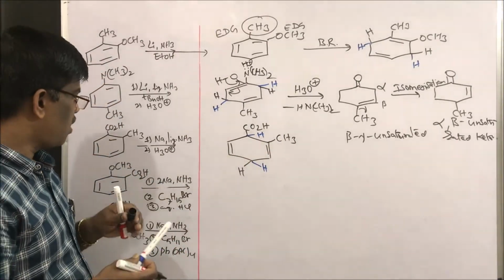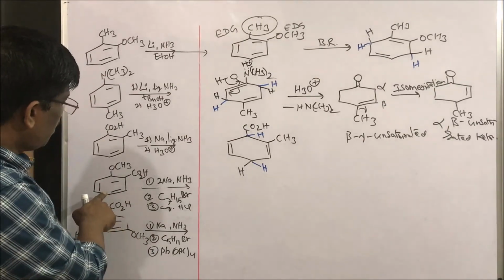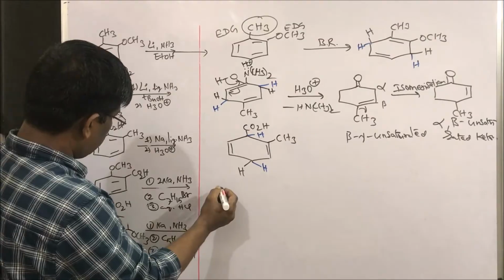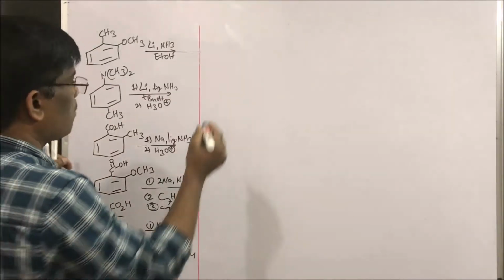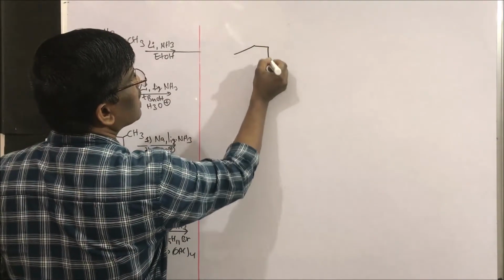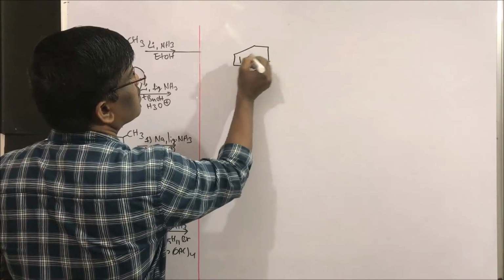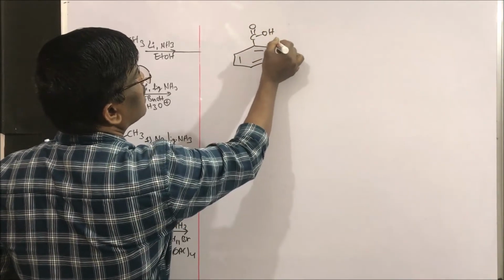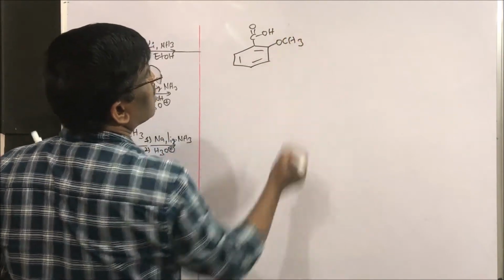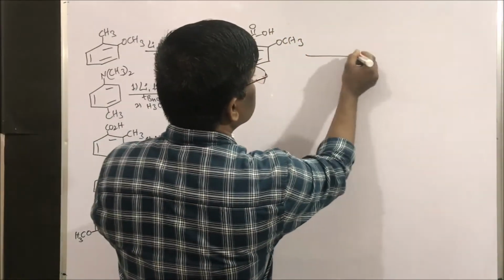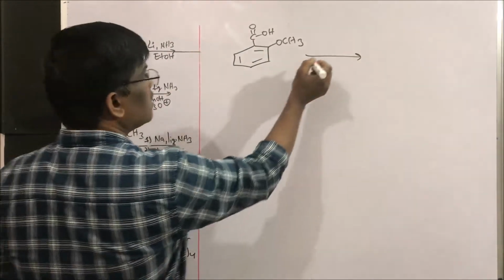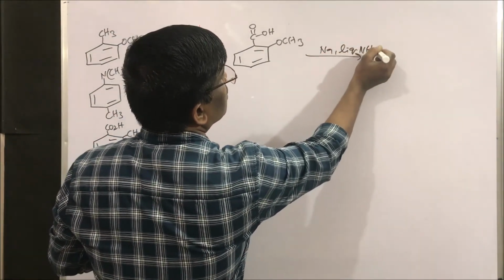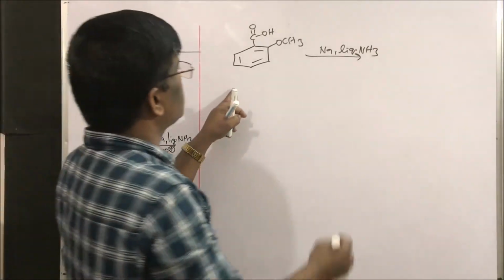Yes, students. Now, for methoxy benzoic acid, what are we going to get? This is the compound I am taking separately. This is COOH and here methoxy. When we are adding these, what is the reagent? Sodium in liquid ammonia. So what is the intermediate we can expect?